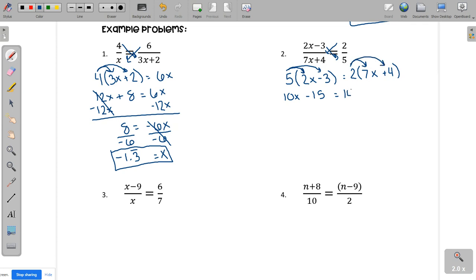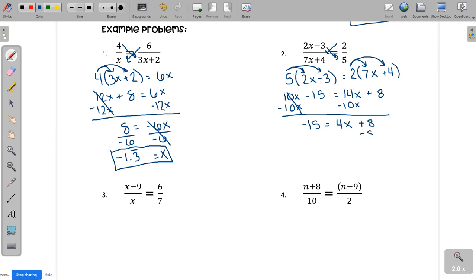We get 14x plus 8. Combine your like terms. So I'm going to subtract the 10x from both sides. Negative 15 equaling 4x plus 8.